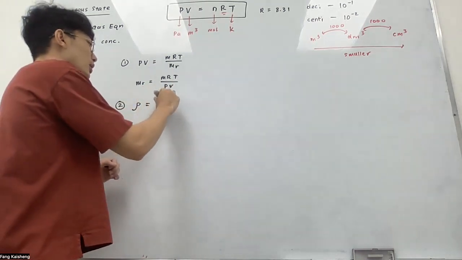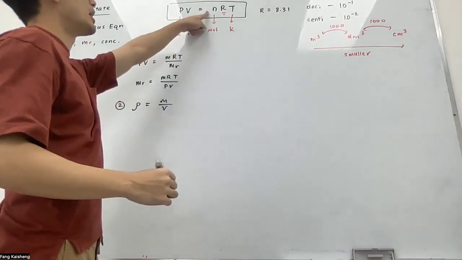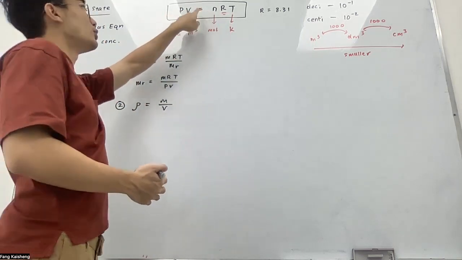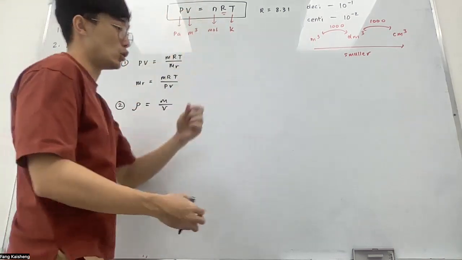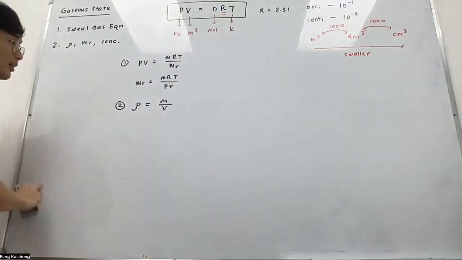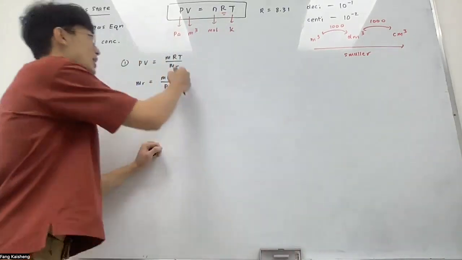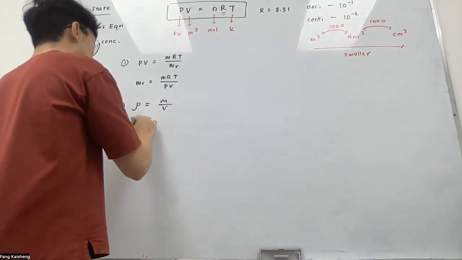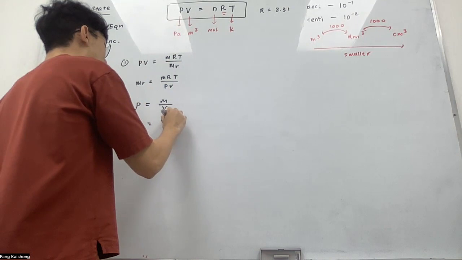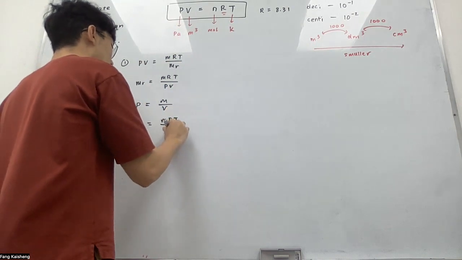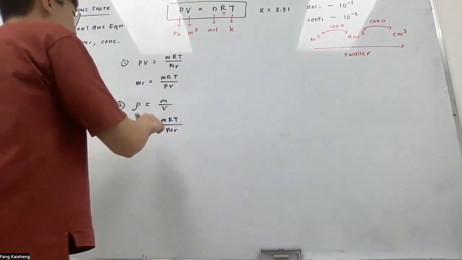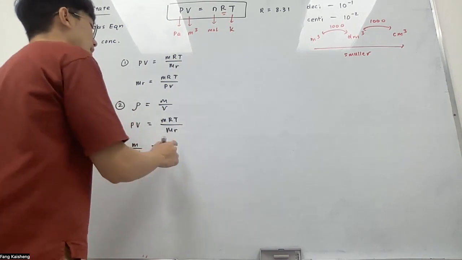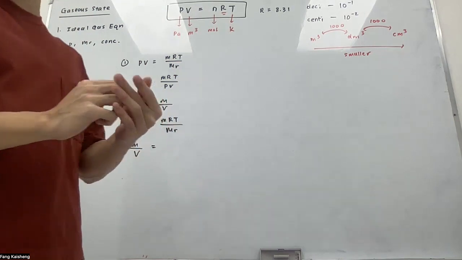Mass over volume, good. If you look at the PV equals nRT equation, do I currently have mass inside? No, but I do have volume, right? How do I introduce mass into my equation? Same thing. If you look at PV equals nRT, it's now PV equals mRT over MR. You need to make it such that M over V is on one side of the equation, so the right hand side, I just need you to try filling it yourself.